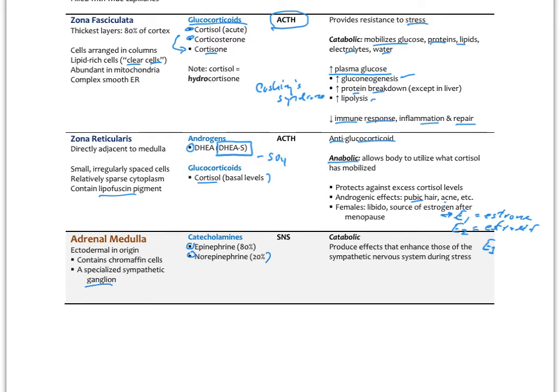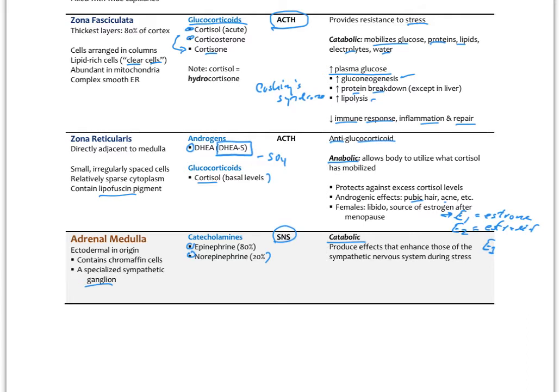And the main activator for release is the sympathetic nervous system for the adrenal medulla. The effects here are more catabolic. The effects of adrenaline really are to mobilize energy stores during acute stress.